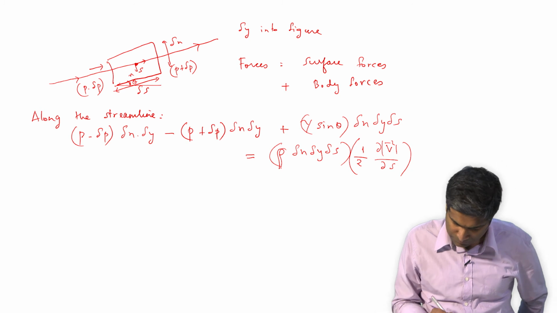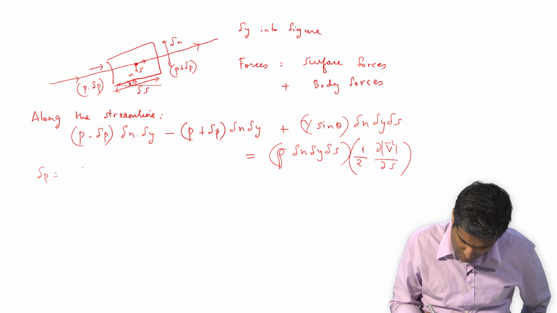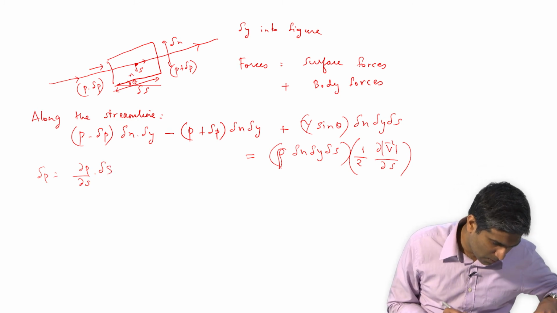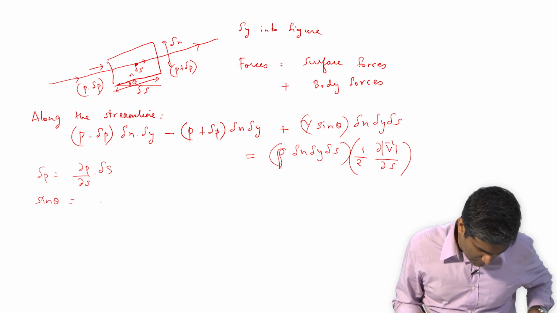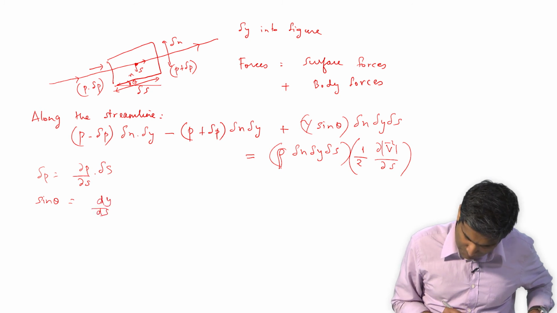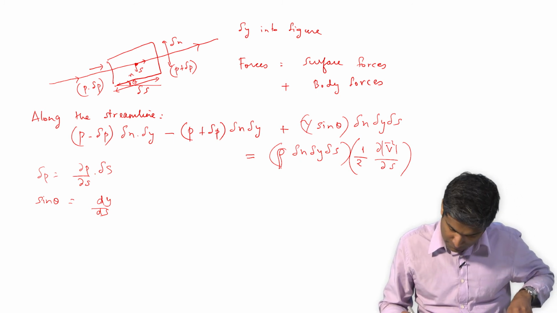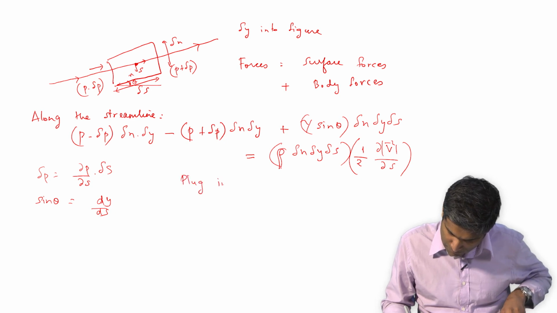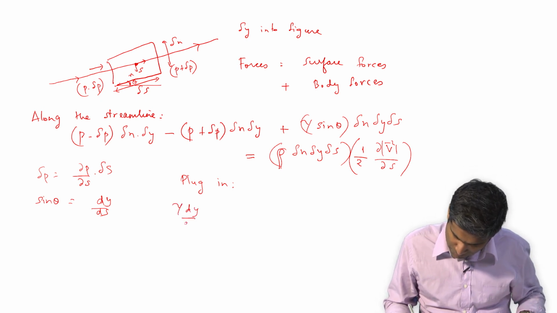If you were to simplify this by saying that delta p is del p del s times delta s, also noting that sin theta is dy ds, we would get something like gamma dy ds plus dp ds plus half rho del V squared del s equals zero.